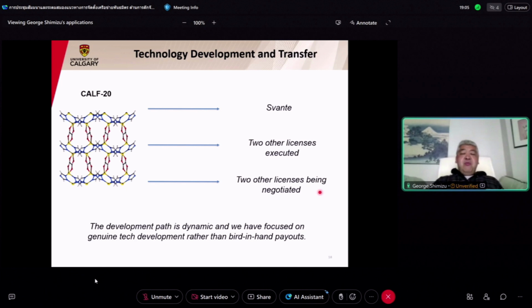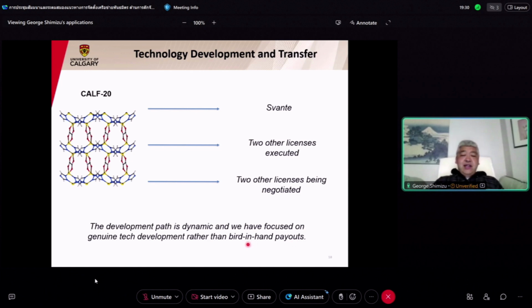But I think a very important point here, and this would be more for the people that are developing a very, very basic technology at the low technology level, is that the development path here is very dynamic, and we have focused on genuine tech development rather than bird in the hand payouts.